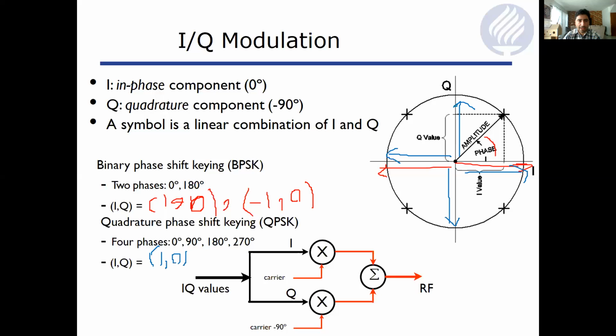For 90, the I value is 0 and the Q value is 1. For 180 degrees, the I value is -1 and Q is 0. And for 270, I is 0 because I is sitting right here, and Q is -1.